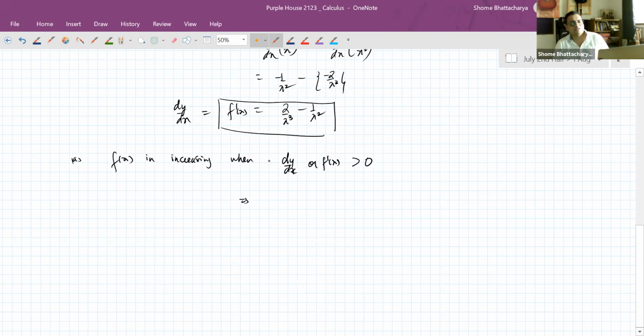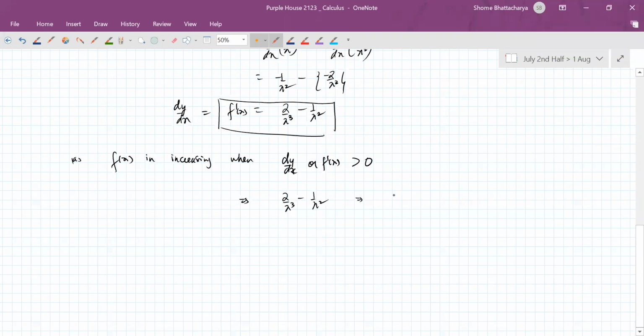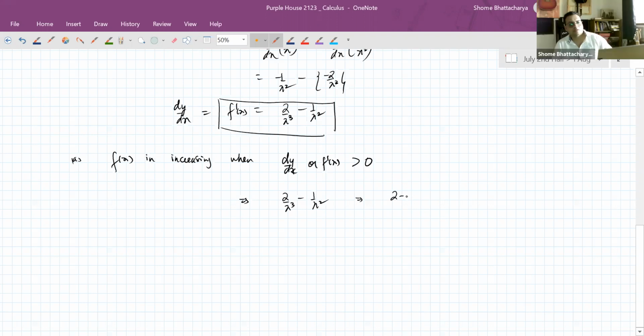So what is dy by dx? It is 2 by x cube minus 1 by x square. That is how much now? It is (2 minus x) divided by x cube, greater than 0.